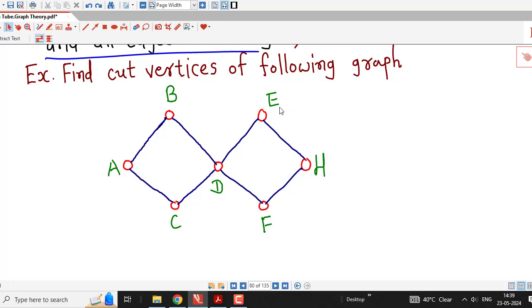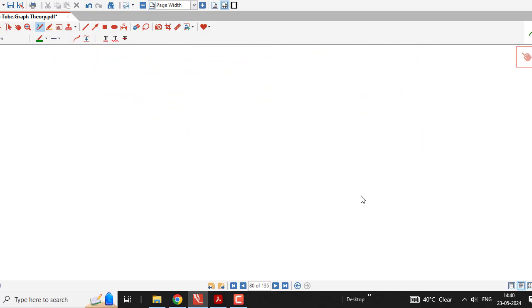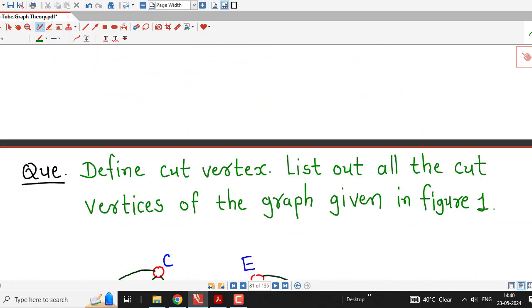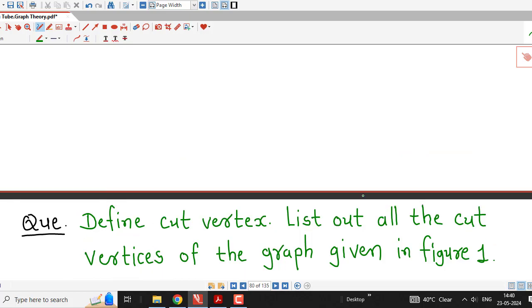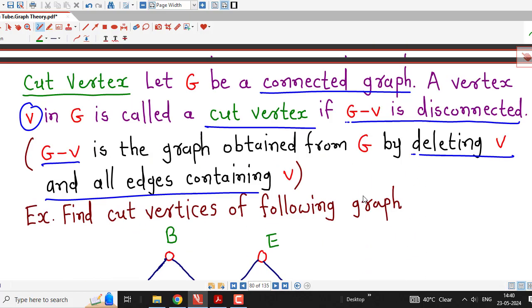You can try the remaining vertices E, H, F, and you will find that there is only one cut vertex for this graph, and that is vertex D. Sometimes they ask you to define cut vertex and to find the cut vertices for a given graph.